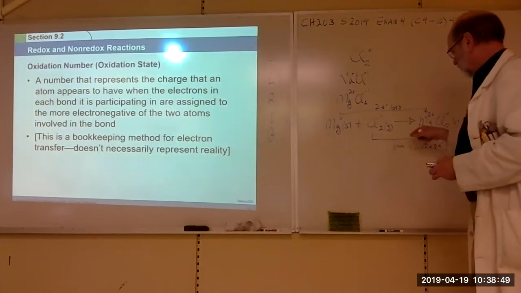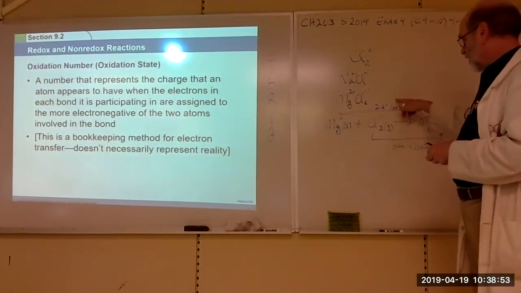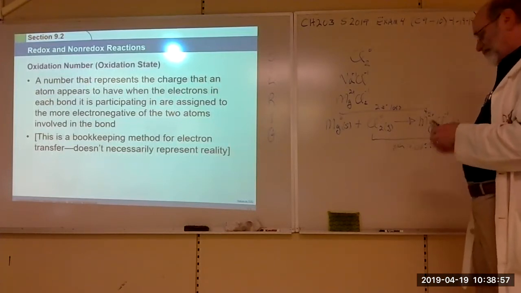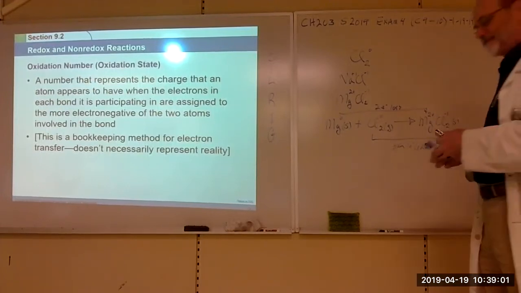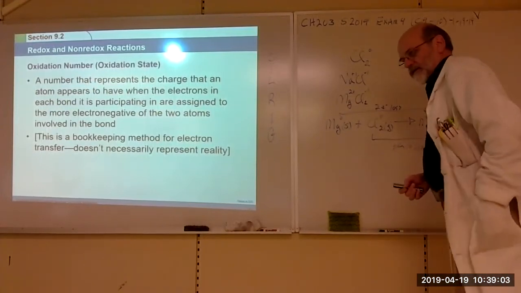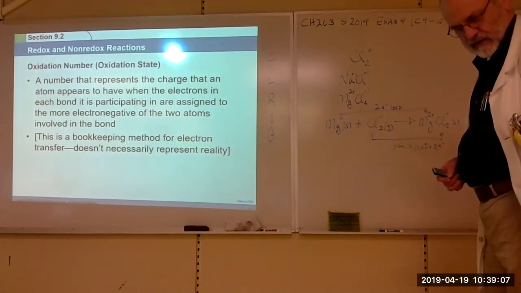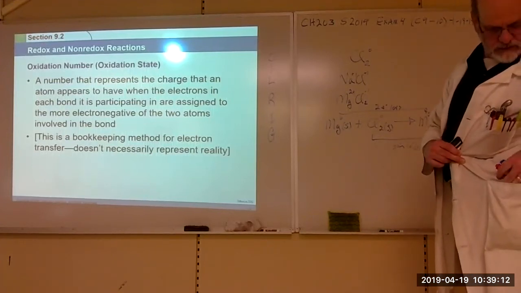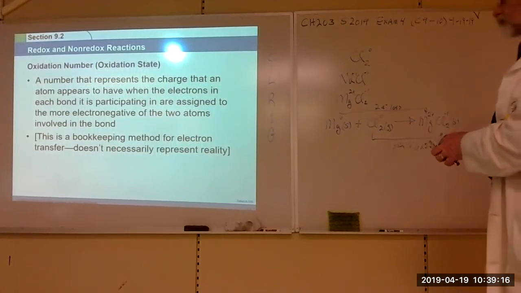Also notice that when you get through with your bookkeeping calculations, the number lost has to equal the number gained. Otherwise, you did something wrong. Let's see, this one's kind of fading. Let me try this one.